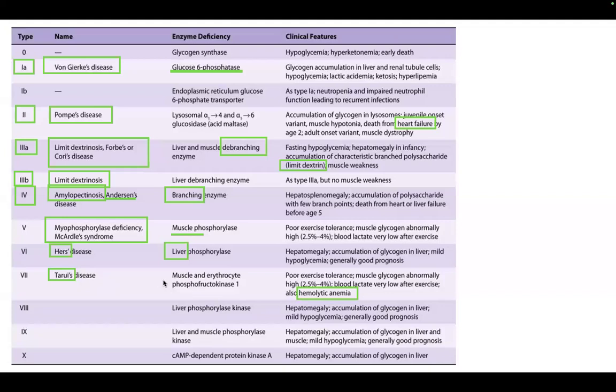Enzyme deficient is phosphofructokinase. Why is there hemolytic anemia? Because it is the RBC, or erythrocyte, phosphofructokinase. And of course, winding down, we have type 8, that's liver phosphorylase kinase. We have type 10, and we have type 9.